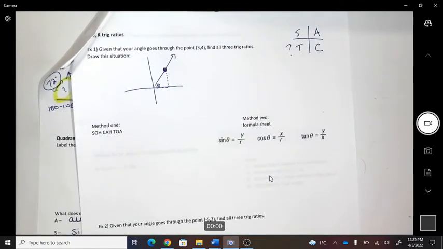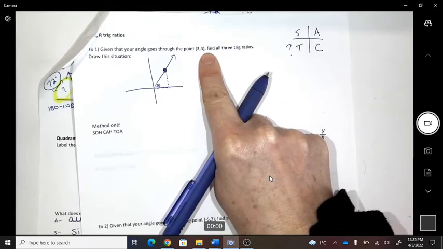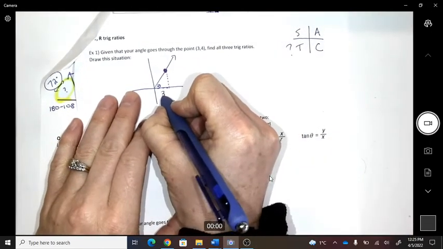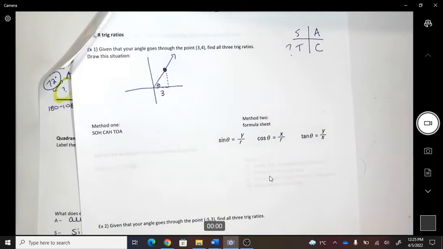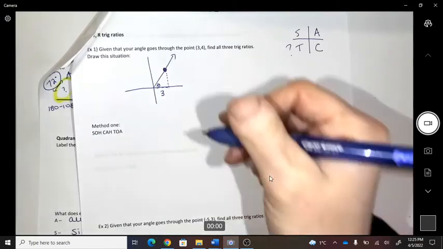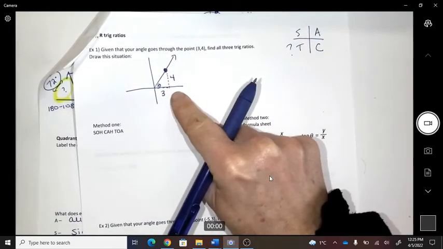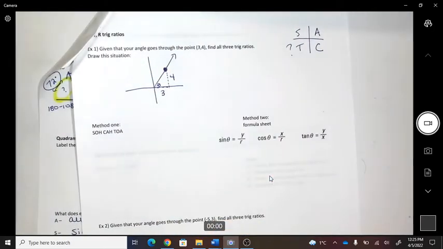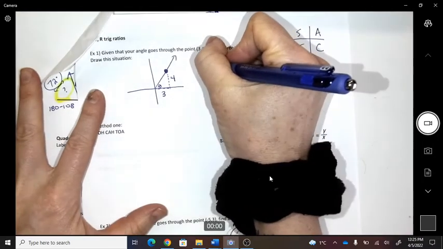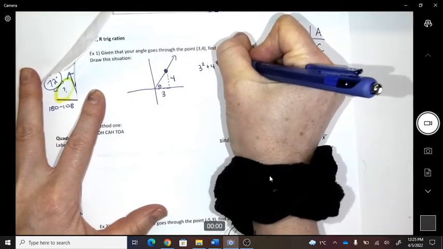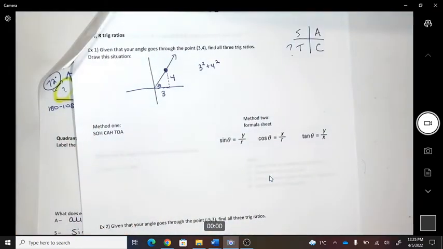Okay, so now the coordinate 3, 4, does it make sense that this side length would be 3? And then this side length would be 4? Because that's the x and that's the y, which goes horizontal, vertical. And do you have some kind of past strategy to figure out the third side of this? Do you know something from grade 10? Does a squared plus b squared ring a bell?